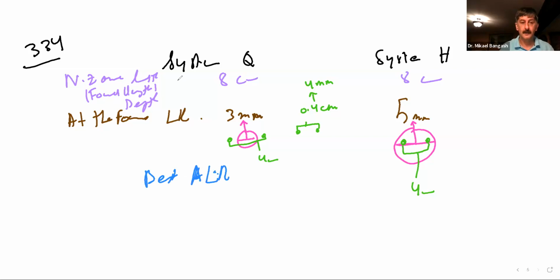lateral resolution is going to be system Q. Why?